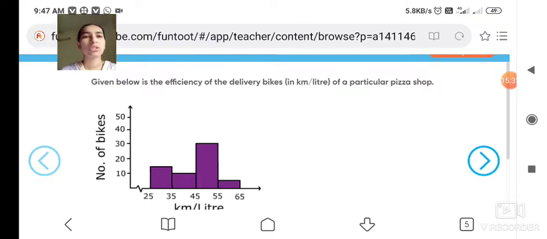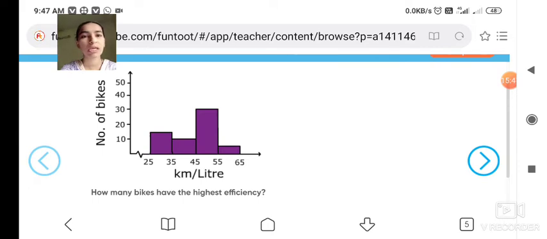Given below is the efficiency of the delivery bikes in kilometers per liter of a particular pizza shop. Now the number of bikes is on the vertical line. See here, whatever the number of bikes is, you have to take on the vertical line.